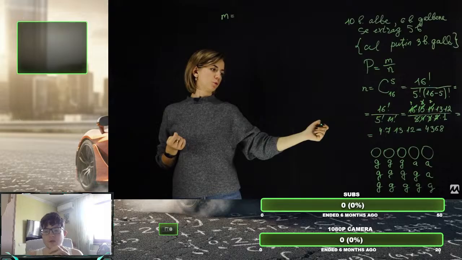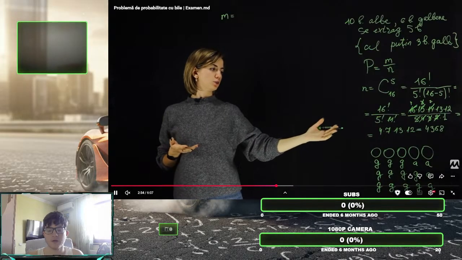And so for the first row we multiply accordingly with a C, because order doesn't matter. So C, you take out of the 6 yellow balls 3, and then times the white balls, out of 10 you take 2, and the same stuff plus the other cases, and you plug it into the general formula.